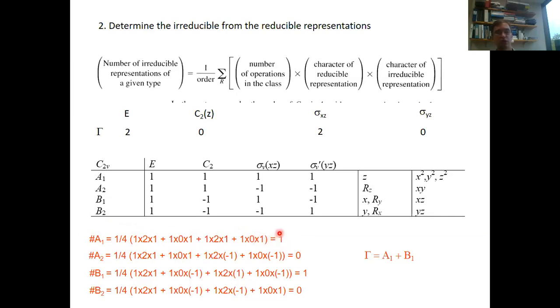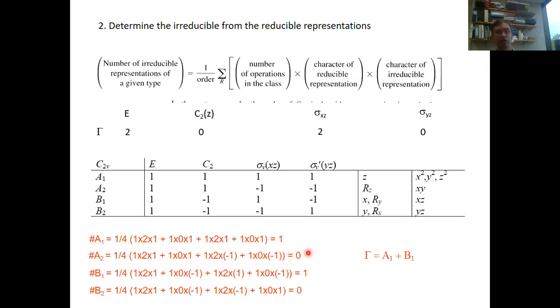So what does that mean? That means we have found our first ligand group orbital, and we can say that one of the 2 ligand group orbitals that we are looking for has the symmetry type A1. So now you can apply the same process also for the other symmetry types, A2, B1, and B2. So for A2, you would get the result 0.